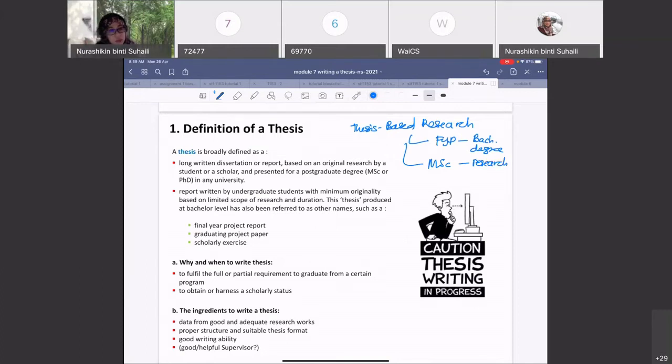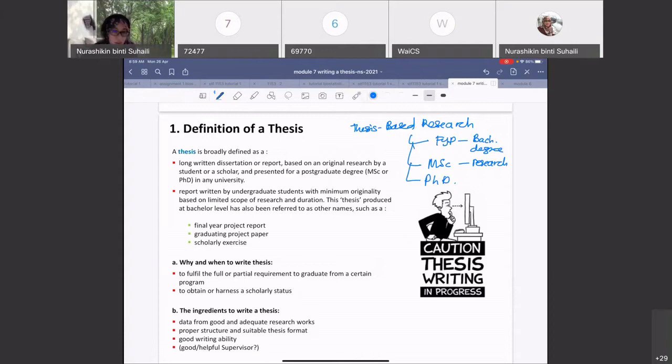Yeah, means that you are taking examinations, but for MSc by research, you do research entirely for 2 years. So that is thesis-based research. And another one is PhD. Yeah? So this one is according to the level that you go, bachelor degree first, MSc, and then PhD.